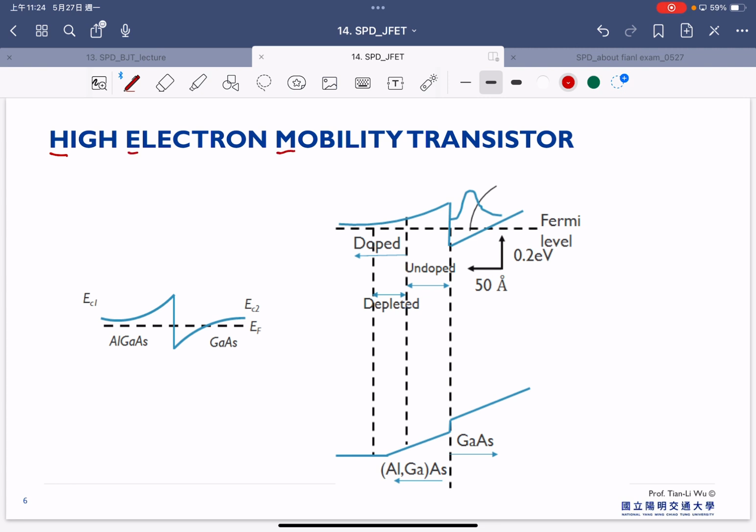Usually we call this a HEMT, and the full name is high electron mobility transistor.